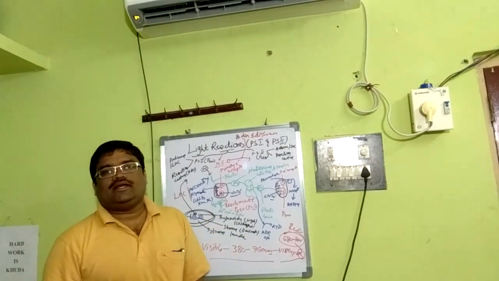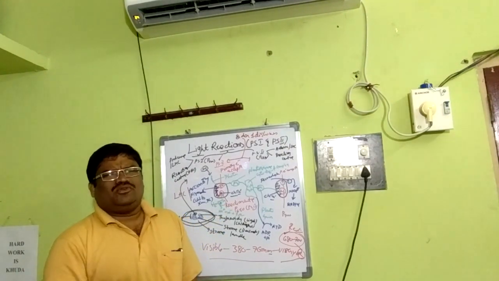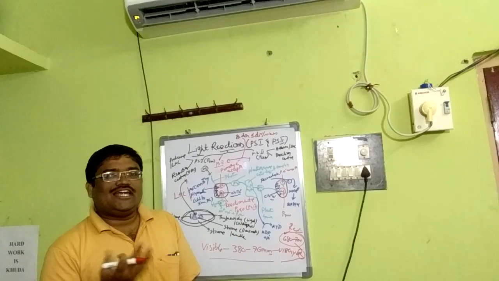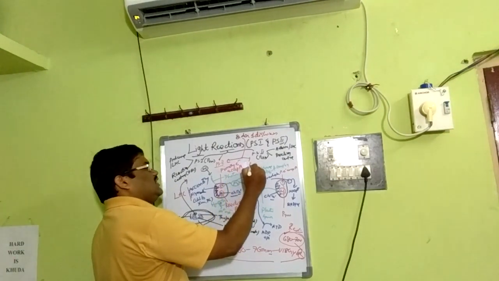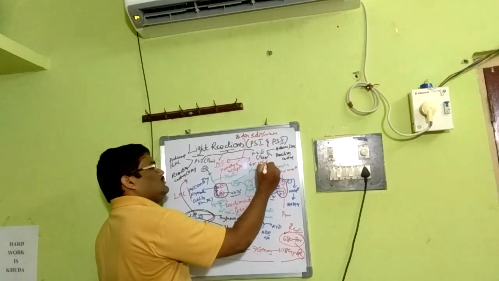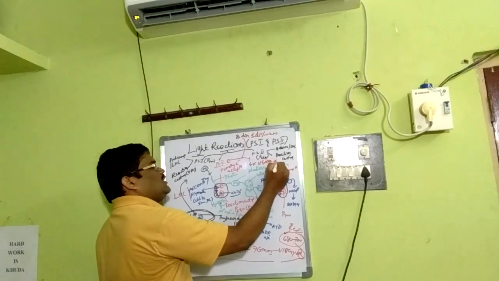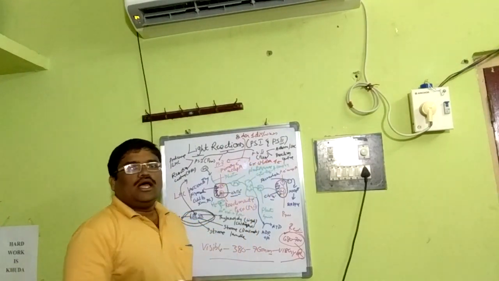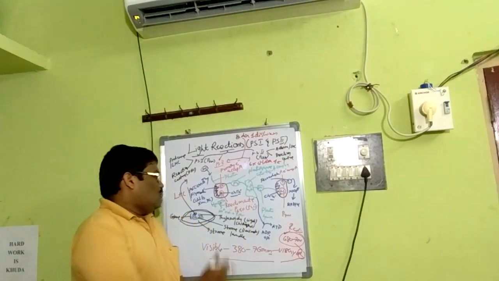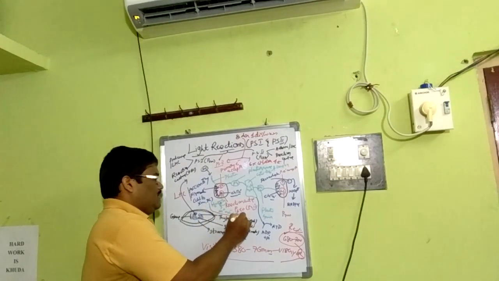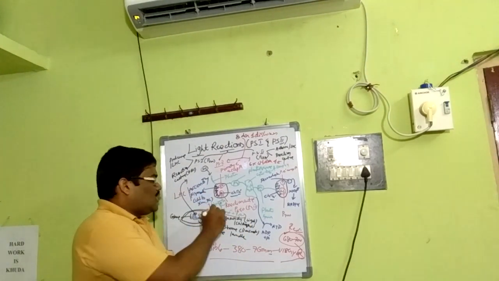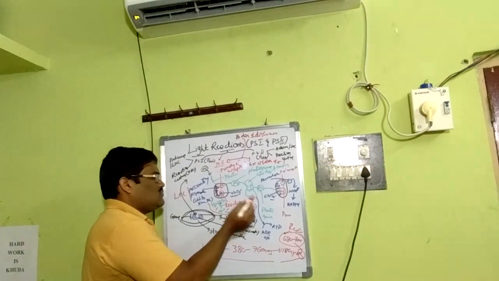Then the most important point: why do they absorb the photon? For excitation of electrons. What is the source of electrons here? The water. I told you already. H2O leads to 2 protons, 2 electrons and 1 oxygen atom.